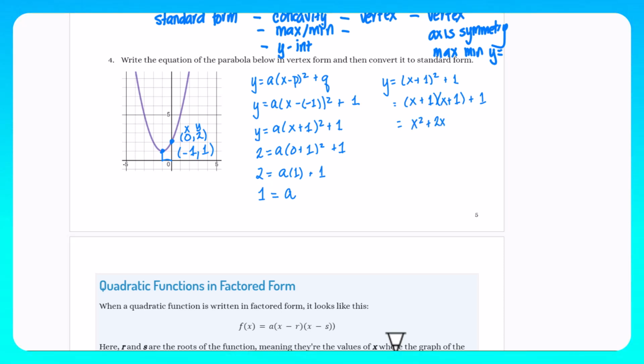This is actually going to be 2x plus 1 plus 1. And simplifying out. If you want to make sure that you have this done correctly, definitely double check my foiling. If you ever find that I have any mistakes, you definitely let me know. And there we go.